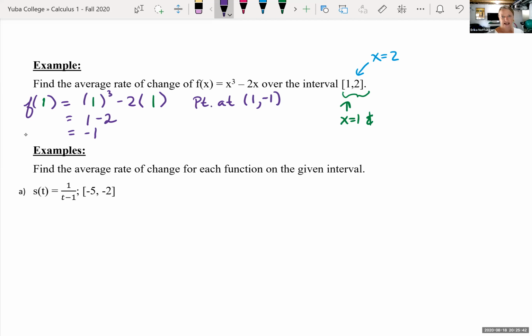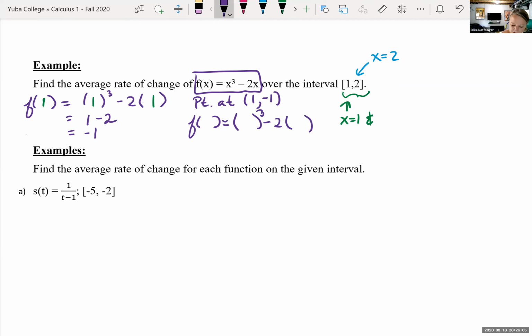So we want to do the exact same thing if we plug in 2 wherever we see an x. Okay, so I'm just going to go in wherever I see an x in my equation of f of x and put parentheses there. So I have an x, so parentheses, and that's cubed, minus 2. I see an x, so instead I'm going to put parentheses.